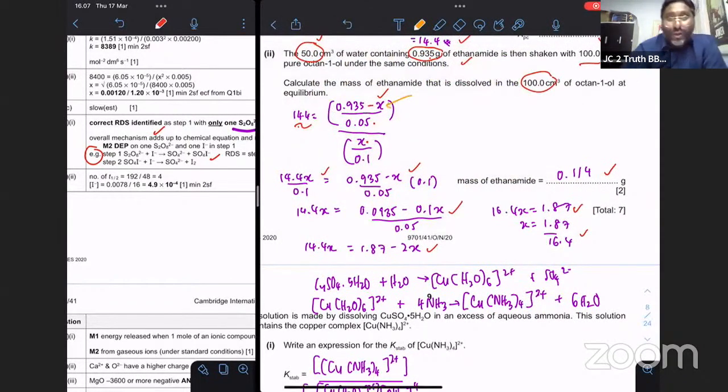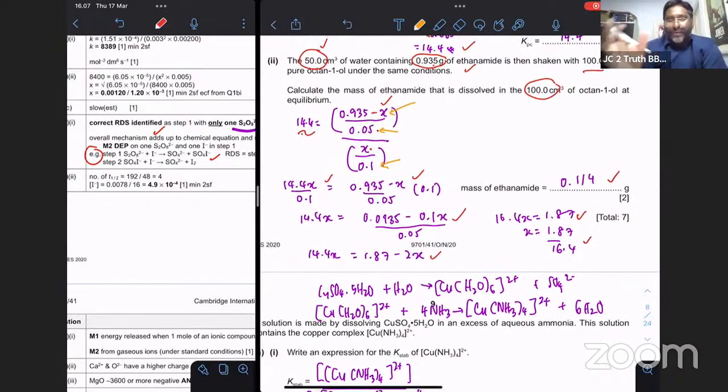They will ignore this X. They will use 0.935 only. That is wrong. Another mistake is they forget, must divide by this, must divide by this. Sometimes they go and add 150. Do remember, this 100 cm cube of octan-1-ol and 50 cm cube of water don't mix, so you no need to add them.